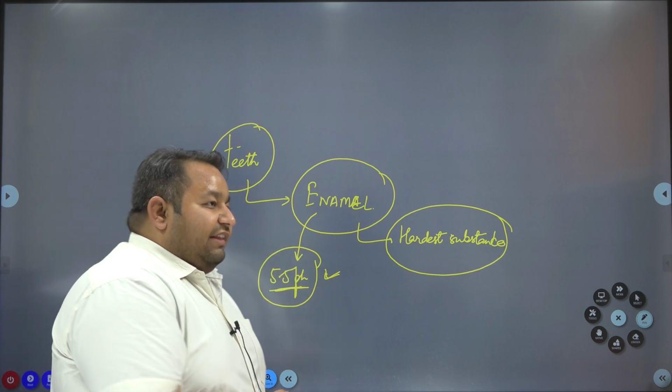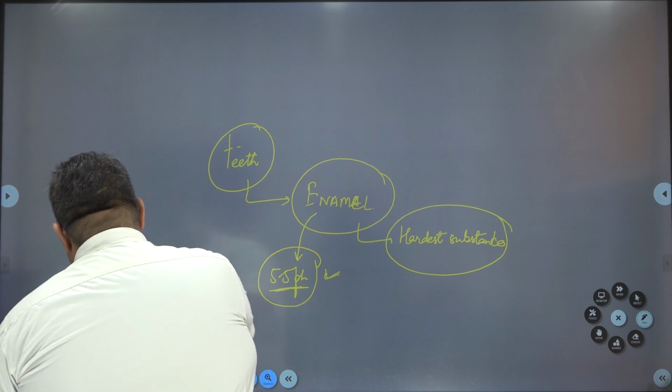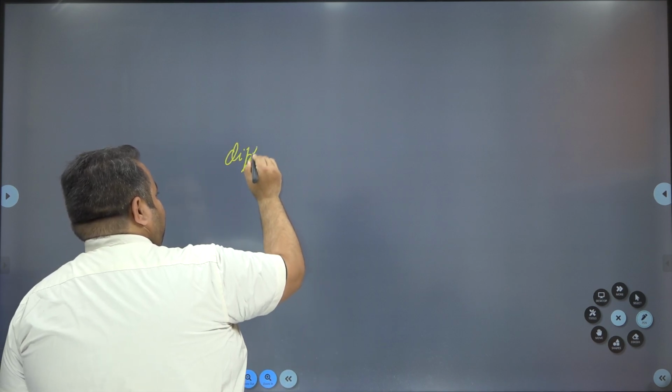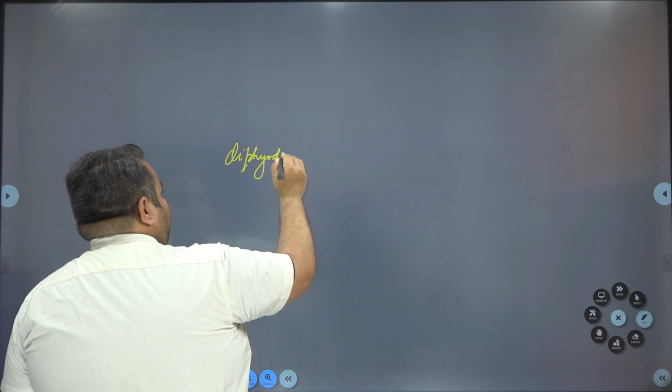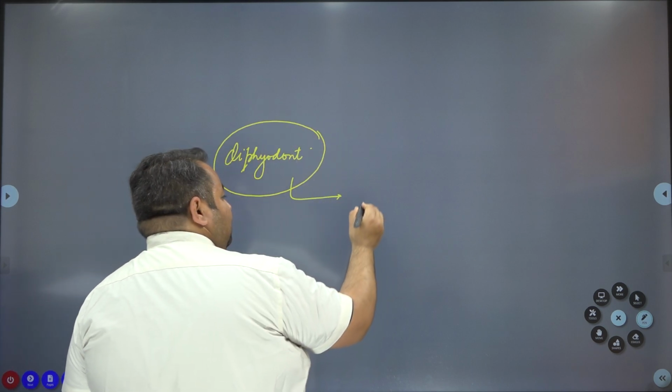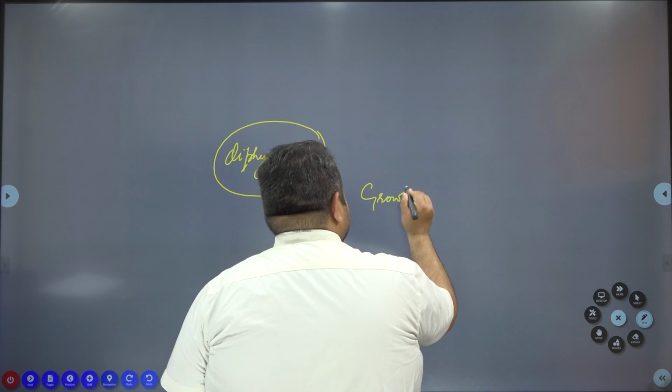On the basis of teeth, humans have been termed diphyodont. Diphyodont means those who grow teeth twice in their lifetime.